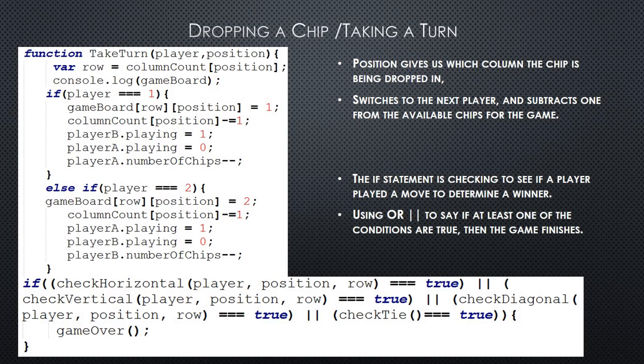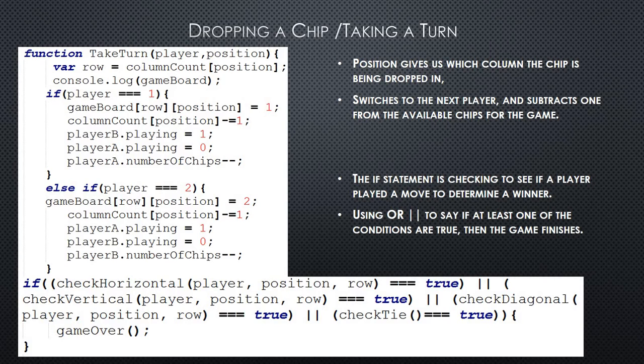And we need that number. Let's store that in row, so we have a row now of how far down the chip needs to go, because the chips in the actual game drop to the bottom. We then update using the row in position, the column in row, and say, okay, that's for player one, and store it there.